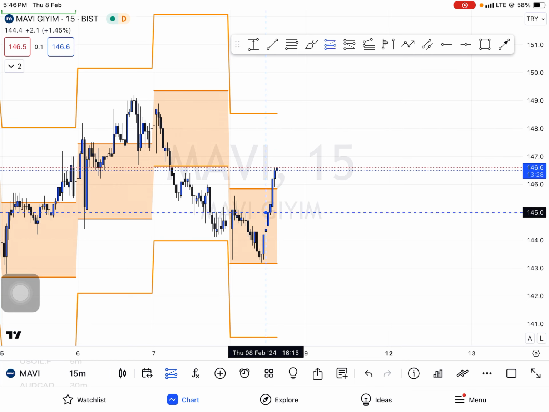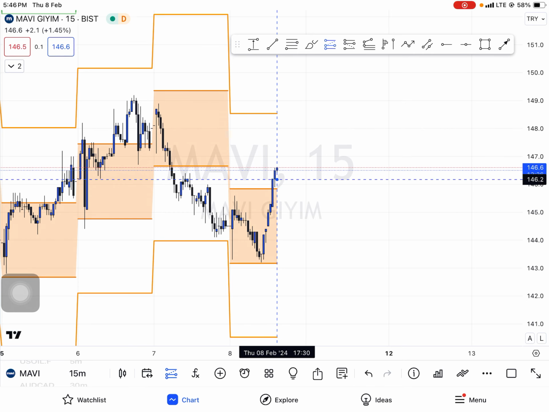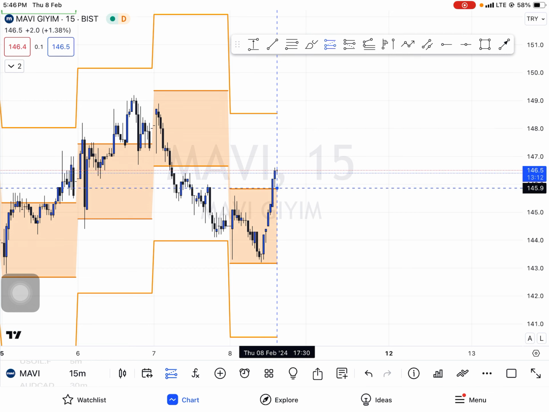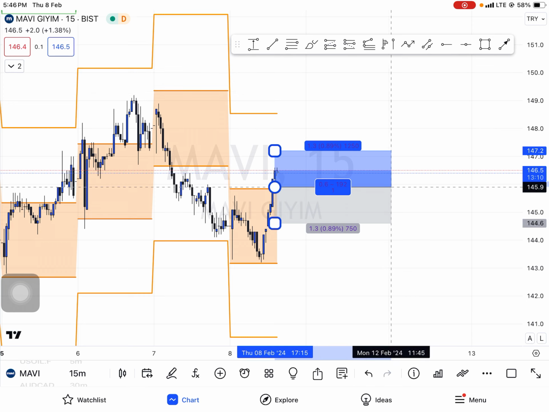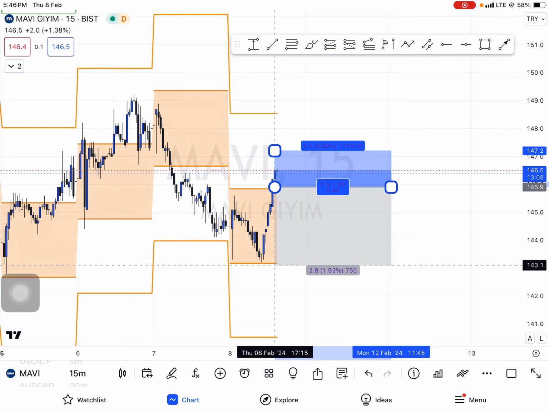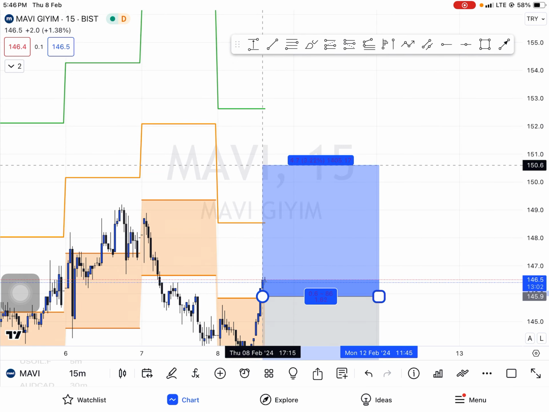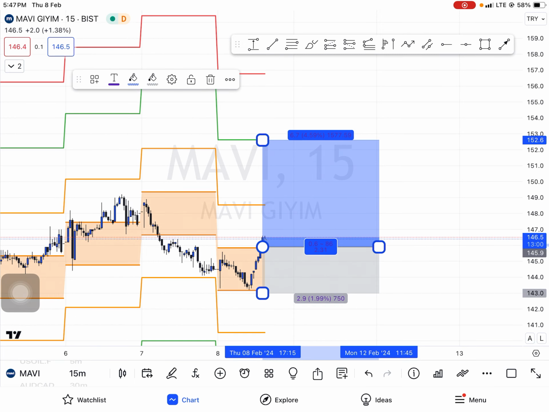The orange highlighted part is the no trade zone, and once we are crossing above this level, we have to wait for price to retrace at this particular level. Near or less is fine, but near to this level we need a retracement, and once we get that retracement, we just keep our stop losses over here, and our target will be the red line.